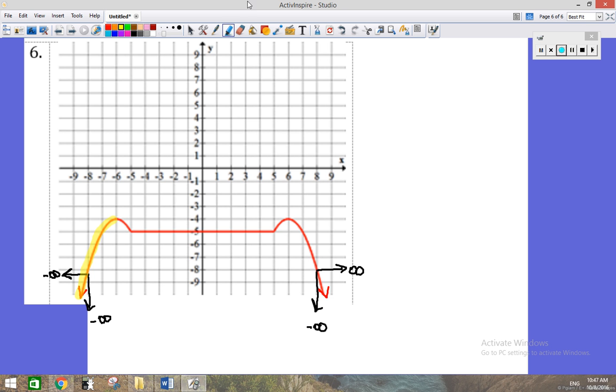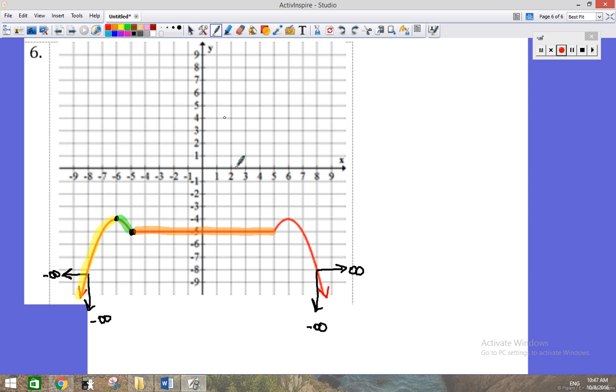until we hit this point, and then we are decreasing until we hit this point, and at that point we are constant. As we're moving to the right, the y values are not going up or down.